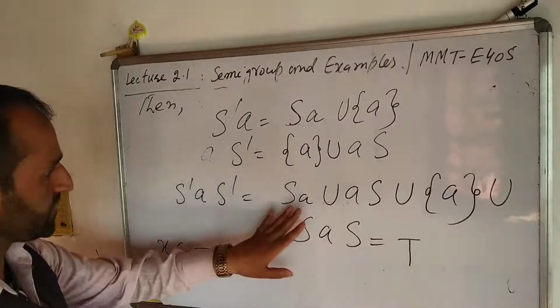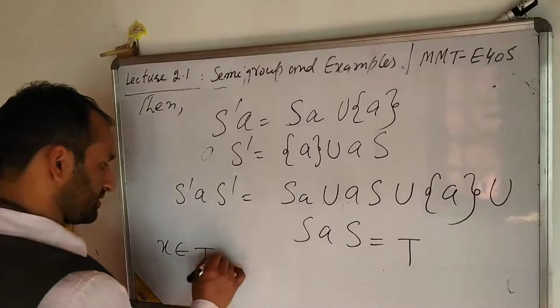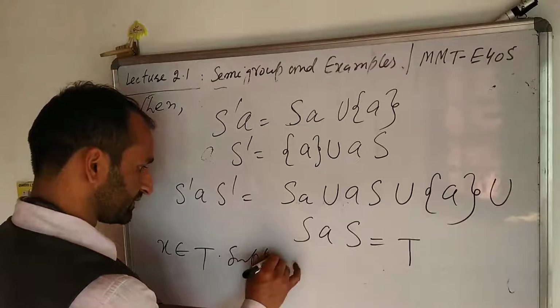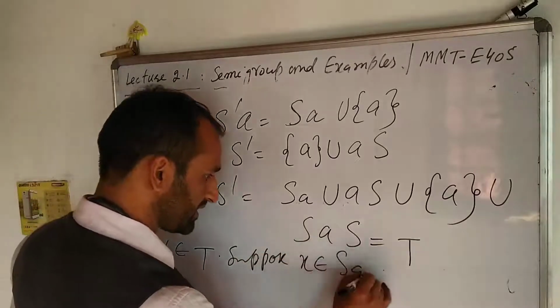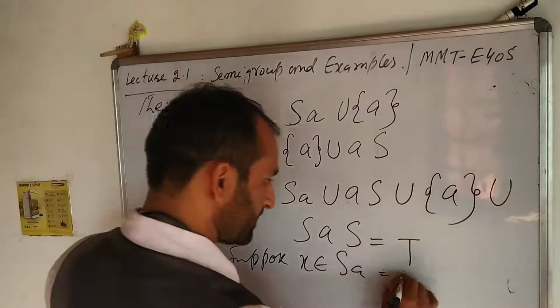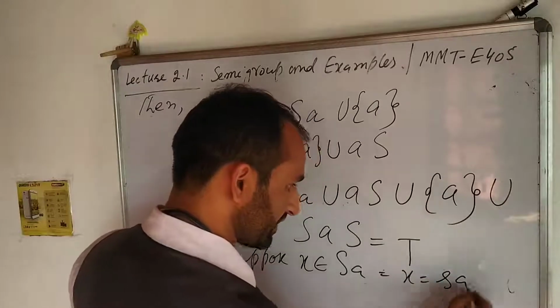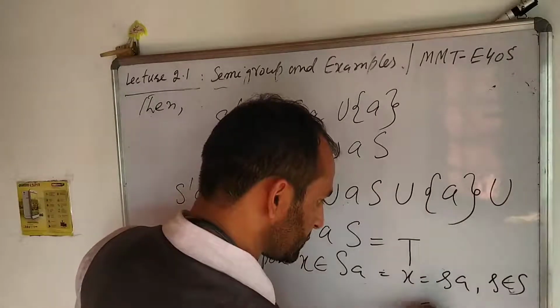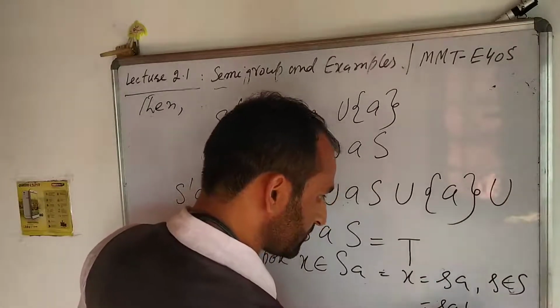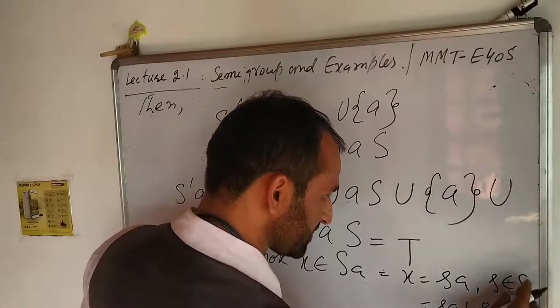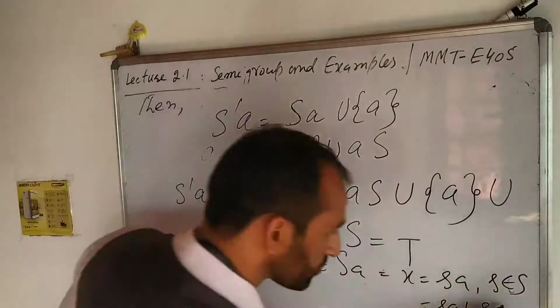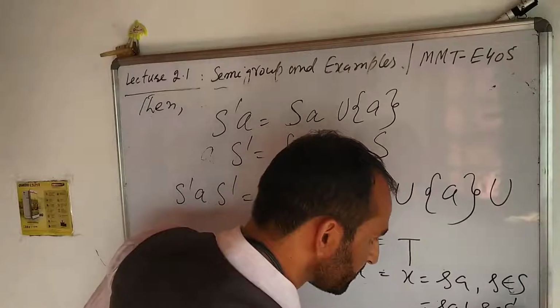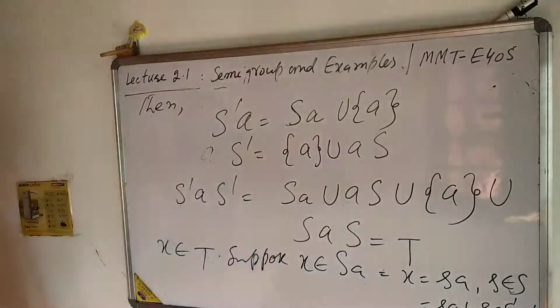So suppose in the first case I take X belongs to SA, then X is equal to SA, where S belongs to S. So this is the same as SA1, where S belongs to S, and 1 belongs to S1.